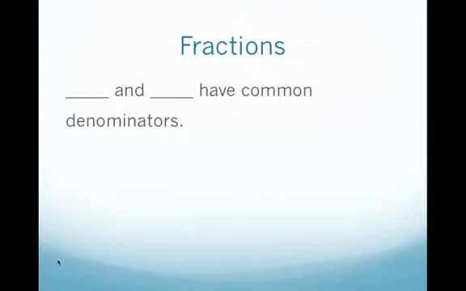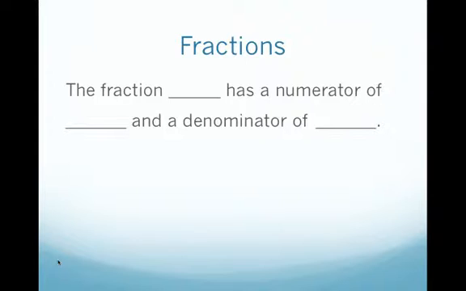Fractions. Sentence frame number 1. Blank and blank have common denominators. You're going to put in the first and second blank fractions that have common denominators. Remember, denominators are the bottom numbers of fractions.